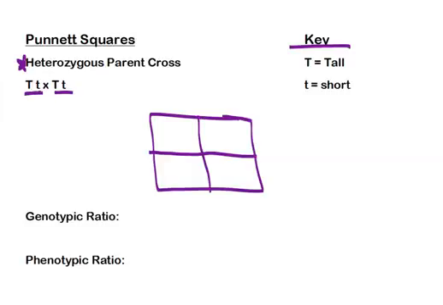So in this case, since each parent contains one of each allele in the pair, half of the gametes they produce will contain the dominant allele, and the other half will contain the recessive allele. So if you're looking at plants, let's say this top parent is the male plant.